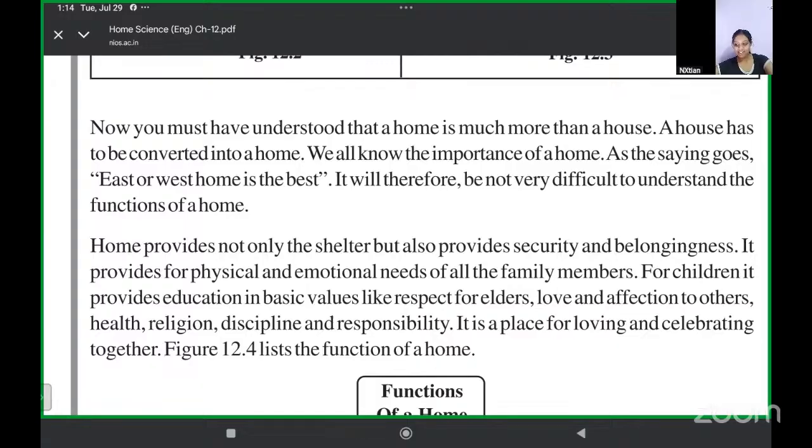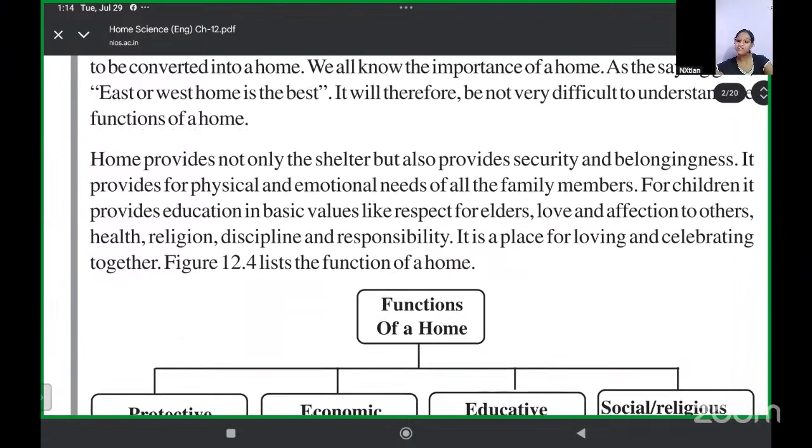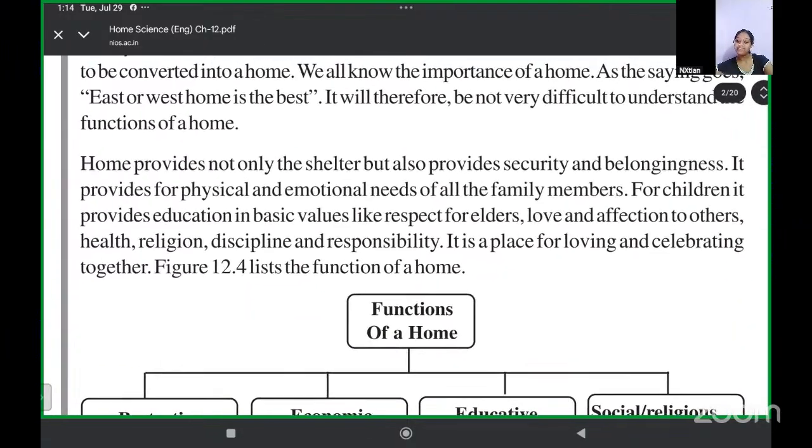So home provides not only shelter, but also security and belongingness. We feel secure in our home, very comfortable, sitting the way we want to, lying down, doing whatever we want to in our home. We feel loved, we feel at ease in our home.